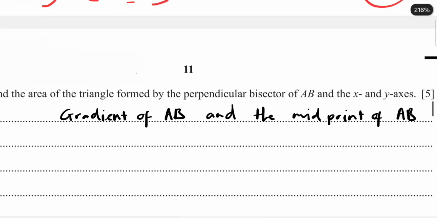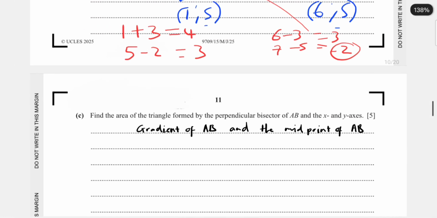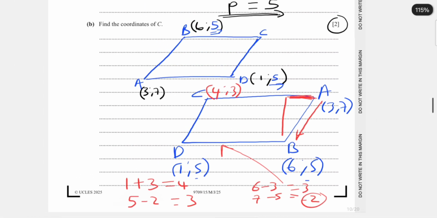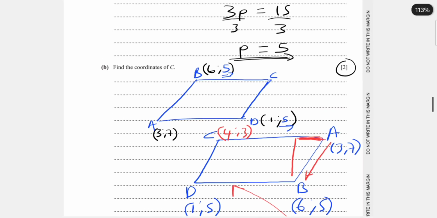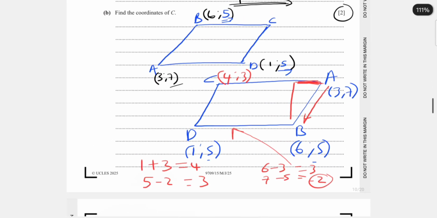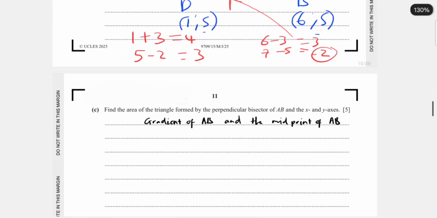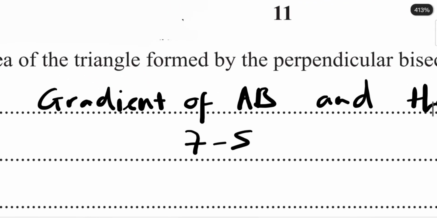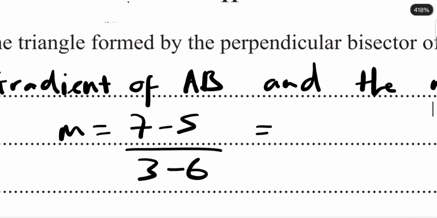So the gradient of AB, using point A and point B, you can say 7 minus 5 over 3 minus 6. So this will give us 2 over minus 3.